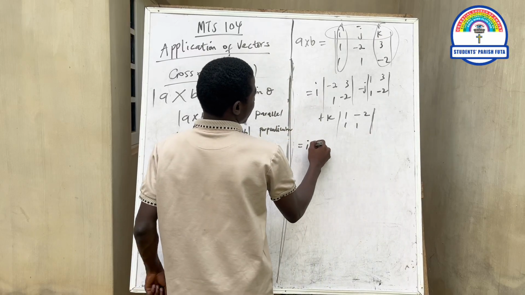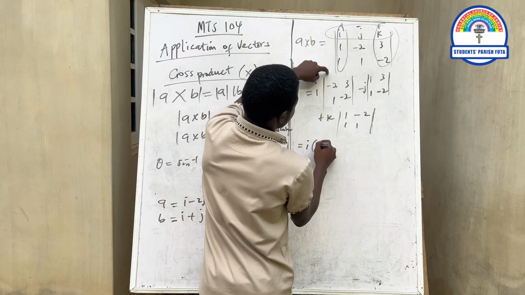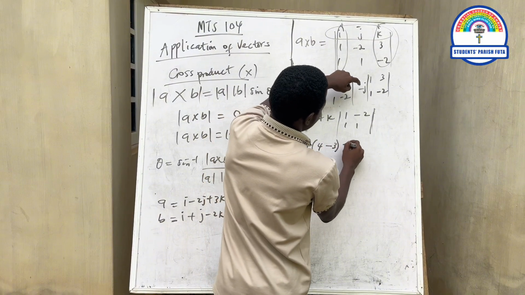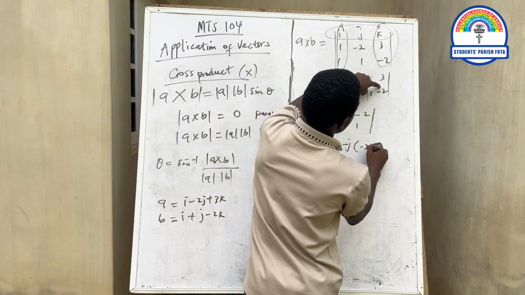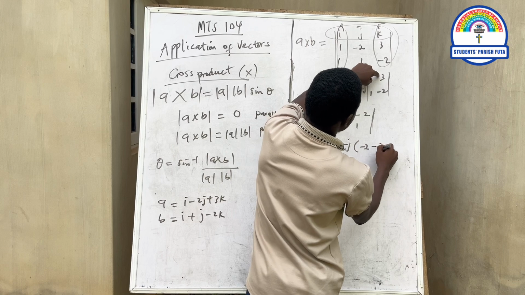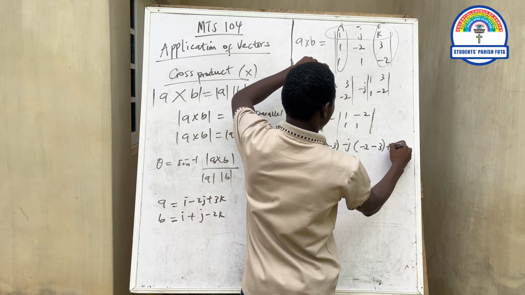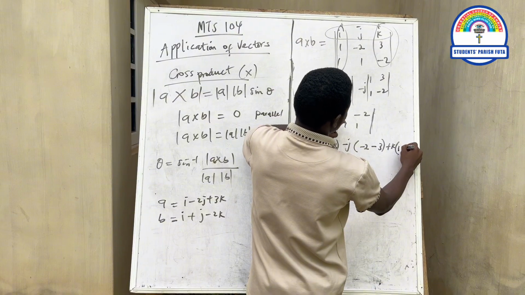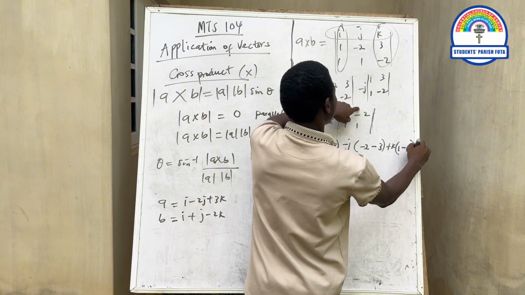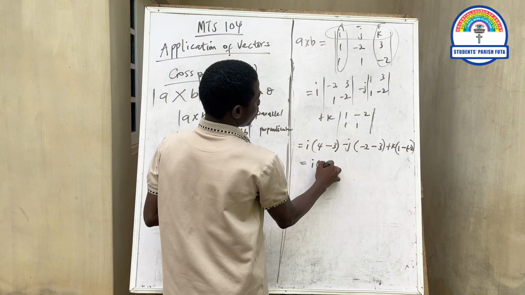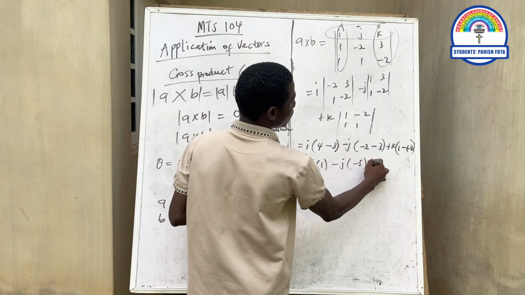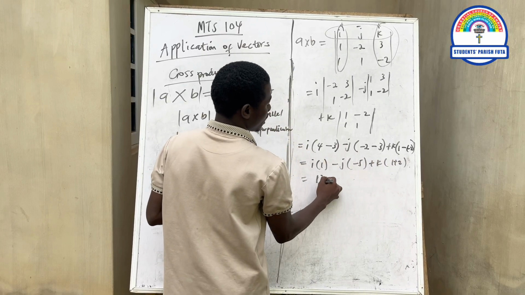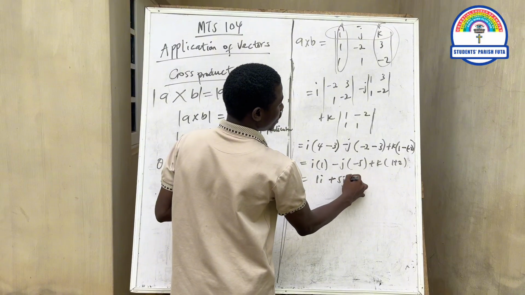So eventually you have i times minus 2 times minus 2, that is 4, minus 3 times 1, 3, minus j times 1 times minus 2, minus 2, minus 1 times 3, 3, plus k times 1 times 1, 1, minus 1 times minus 2, minus 2. So you should have i 1, minus j minus 5, plus k 1 plus 2, that is 1i plus 5j plus 3k.